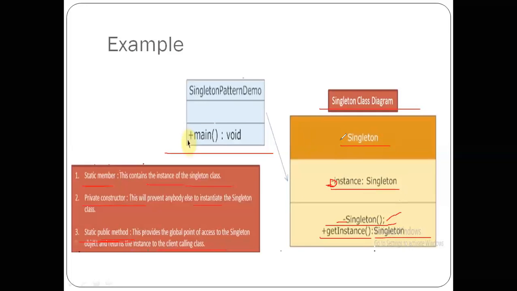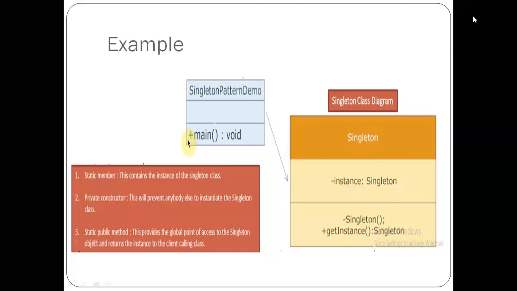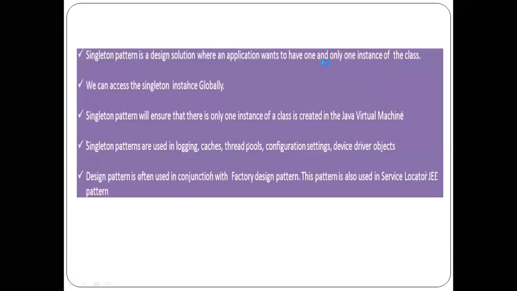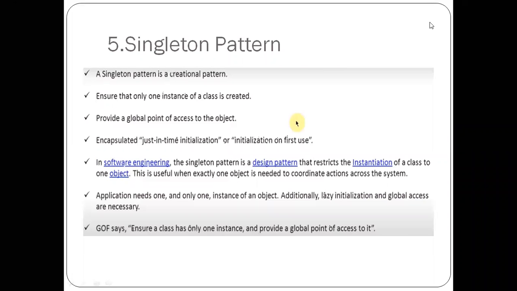And again let us discuss the points under singleton. Whatever we have discussed in the singleton pattern, the first point is that it ensures only one instance of a class.